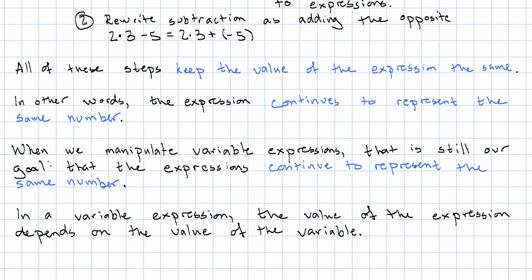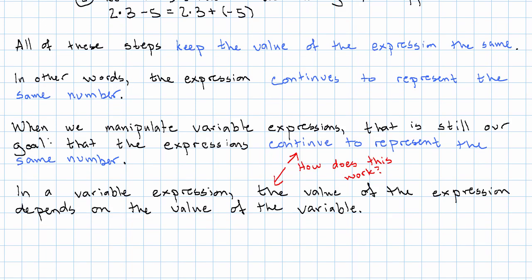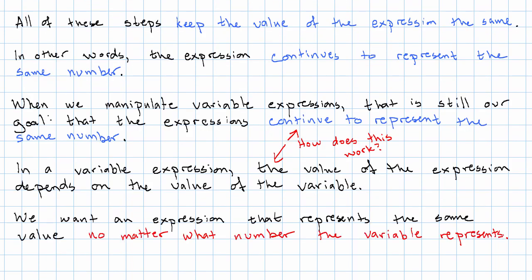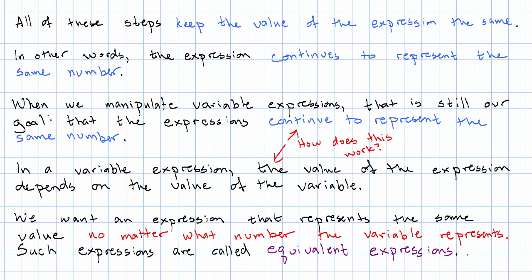If we want a variable expression to continue to represent the same number, but that number depends on the value of the variable, well, how can we make that happen? The answer is, we want to get expressions that represent the same value, no matter what the variable represents. Such expressions are called equivalent expressions.